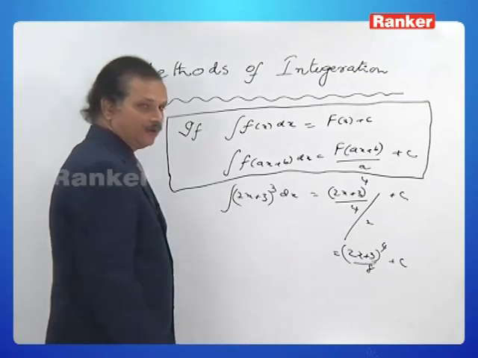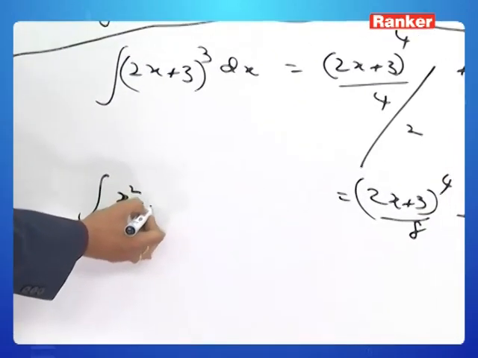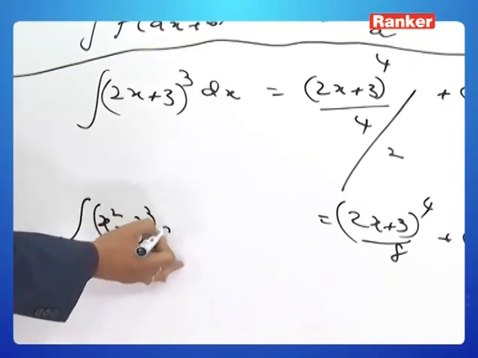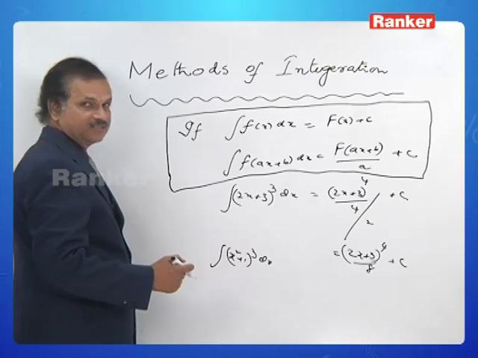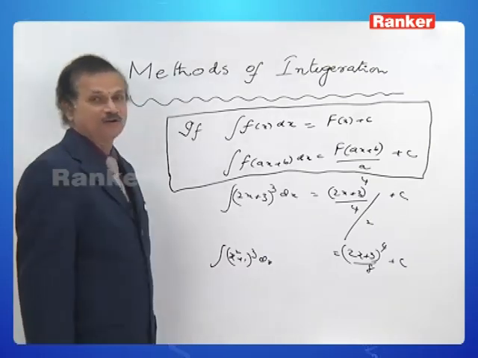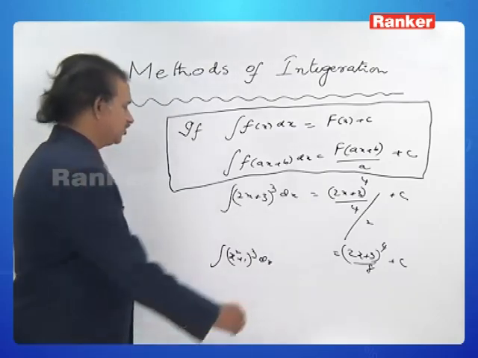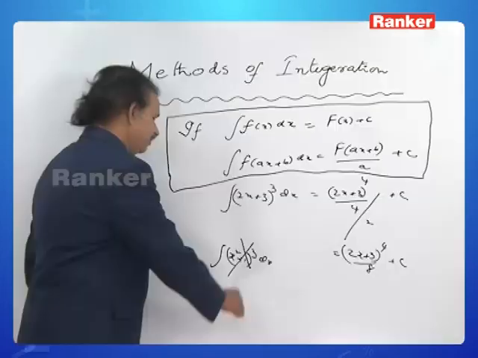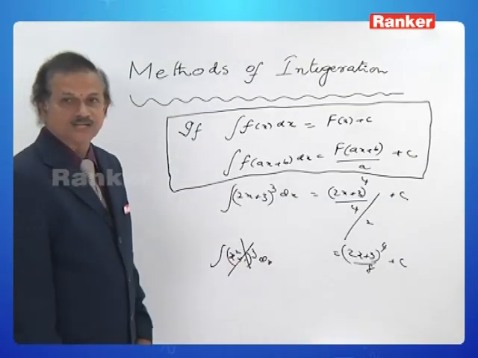What I mean to say is, if x square plus 1 whole cube is given to you, you should not suppose it to be x cube and write x square plus 1 whole to the power of 4 by 4. This is not applicable. Why? Because x square plus 1 is not of first degree, isn't it?